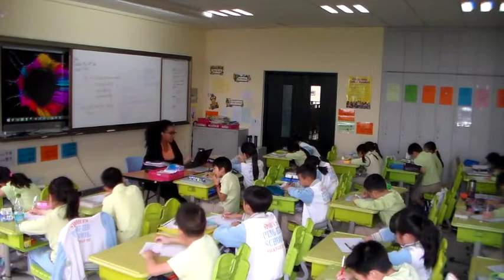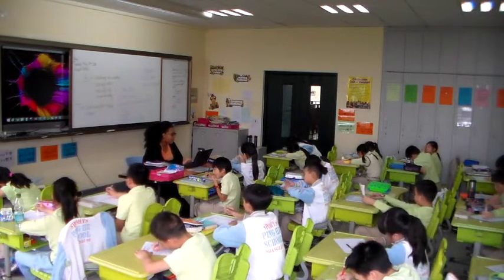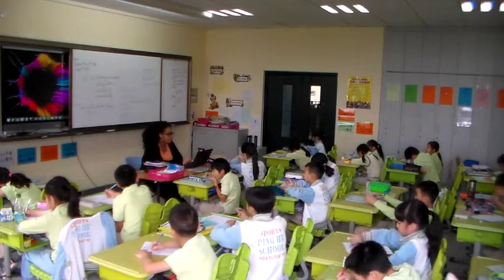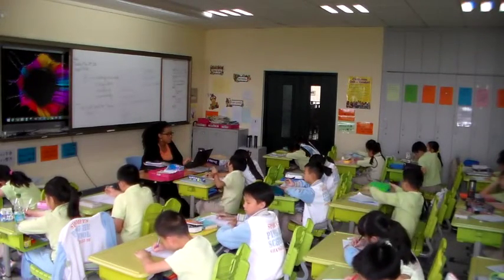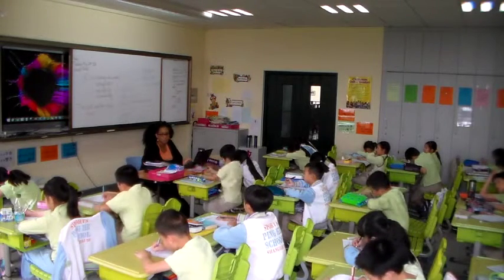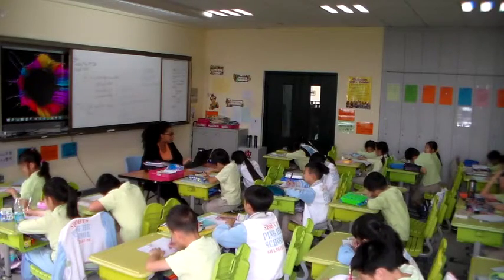Okay, I'm going to play it again now. And this time you can continue to sketch and listen. You need to focus from the beginning of the story so you know what happens from the beginning until the end. You should not be distracted by what anybody else is doing. You should be listening so that you can understand.